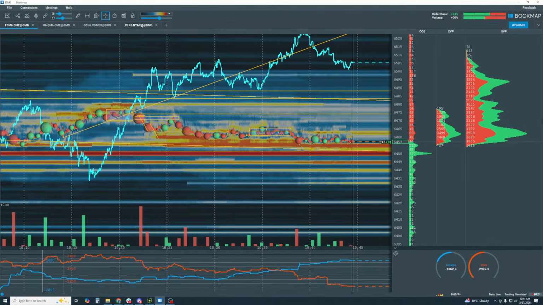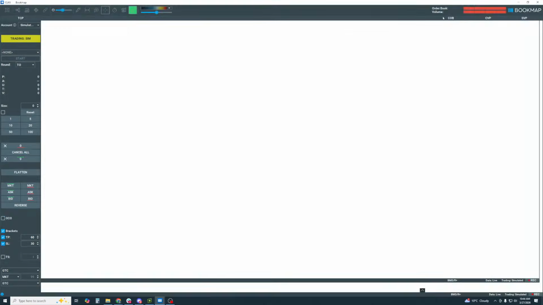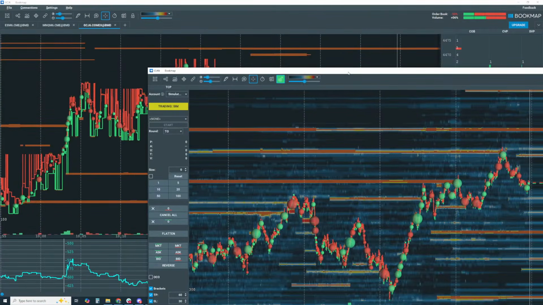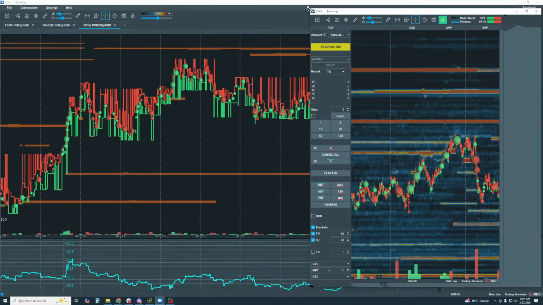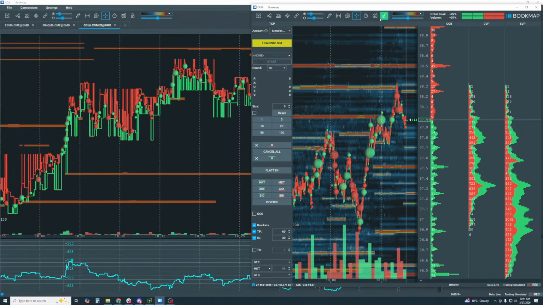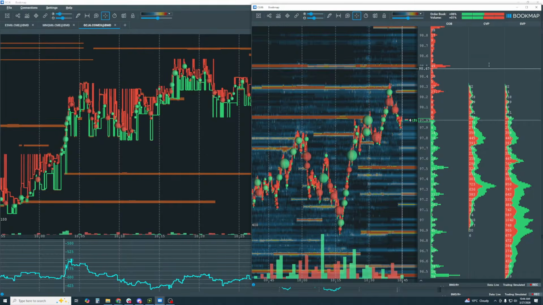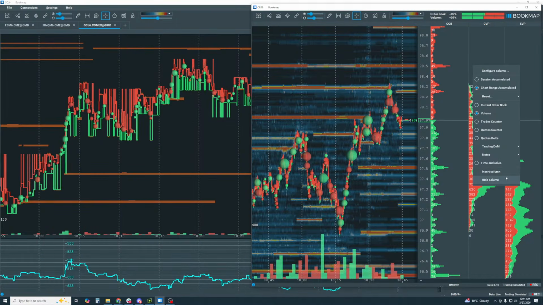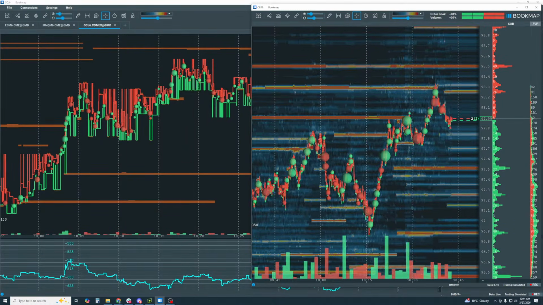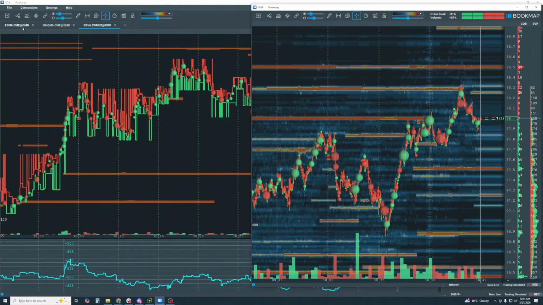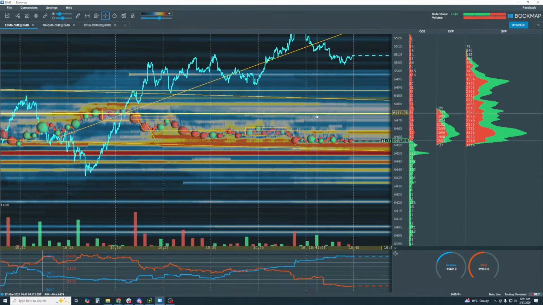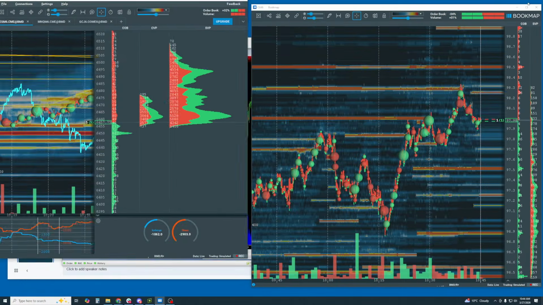I'm going to take this, drop it here, and make crude half of the chart, and take a look at S&P as the other half of the chart.